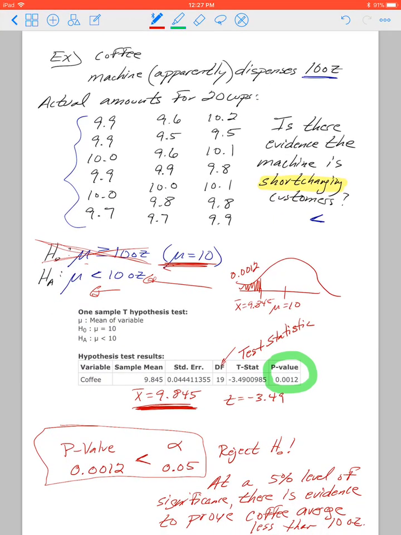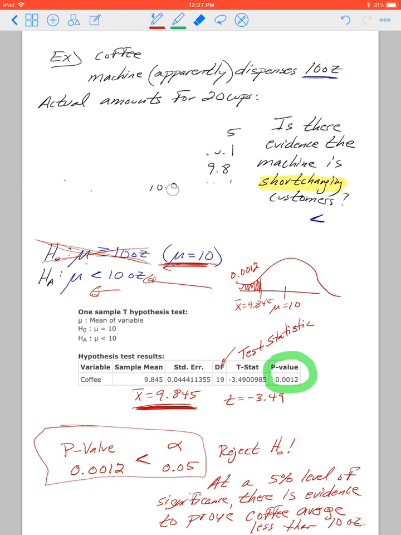Let me put this up here. I want you to see both of these close together.